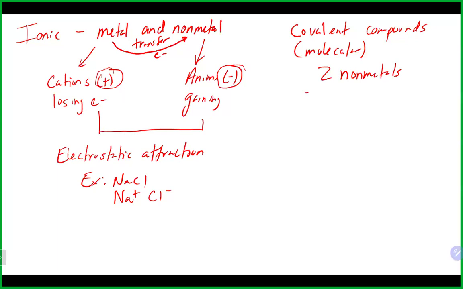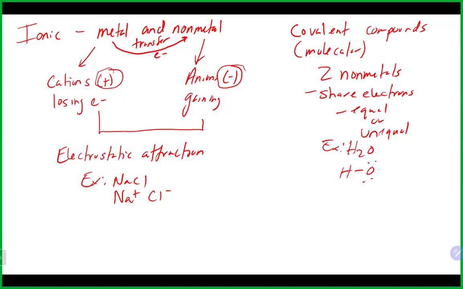And as you hopefully have seen in those lectures, the sharing of electrons could be equal sharing or unequal sharing, but there is some aspect of sharing of those electrons which holds that together, like in water, for example, H2O. Those are all nonmetals, sharing of electrons happening in this particular case. The hydrogen shares some electrons with the oxygen. The oxygen shares with some of the hydrogen, and they make this sort of compound.